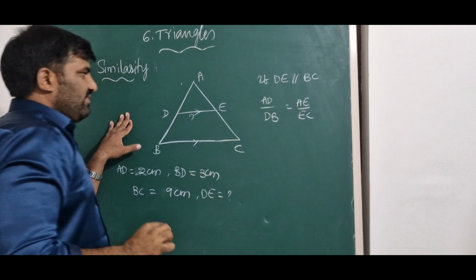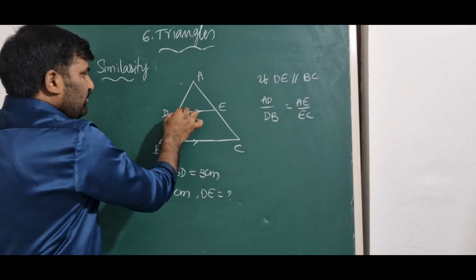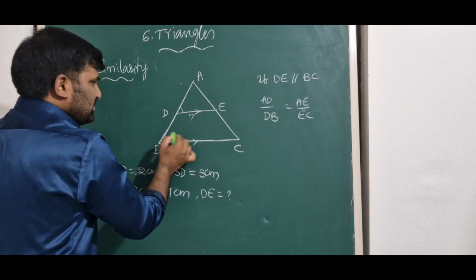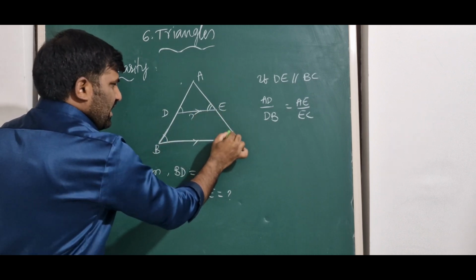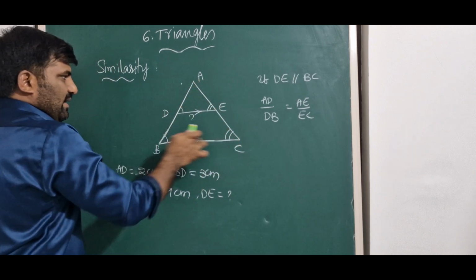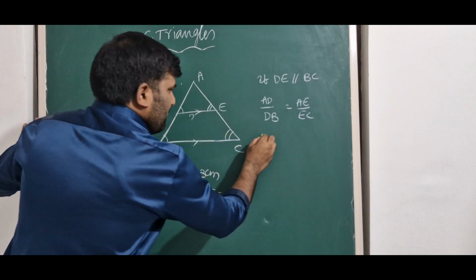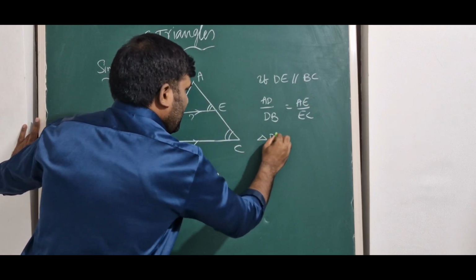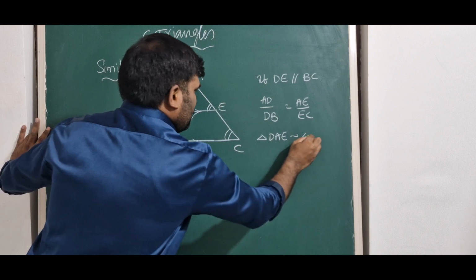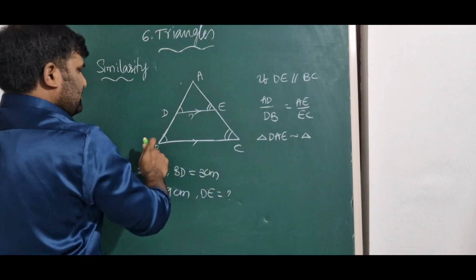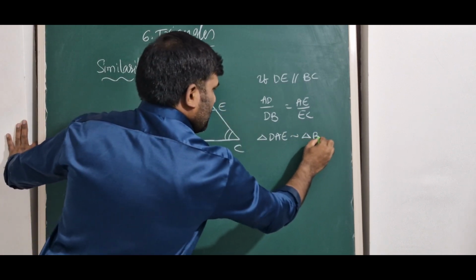Otherwise, if two lines are parallel, we can say these two angles are equal. Angle ADE is equal to angle ABC, angle AED is equal to angle ACB. Directly I am writing triangle DAE is similar to triangle BAC.